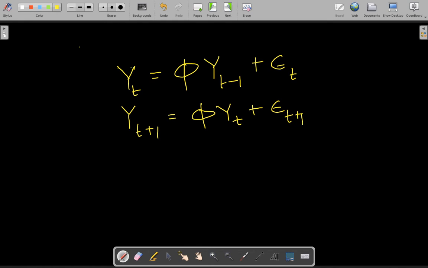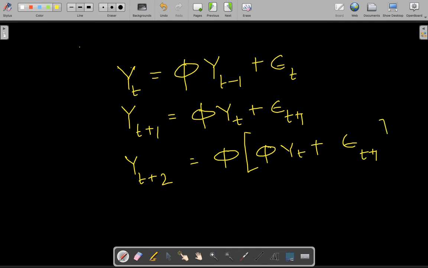And similarly, if I write yt plus 2, I will write phi times yt plus epsilon t plus 1, and then of course I will have this period's error term, which is epsilon t plus 2, right?